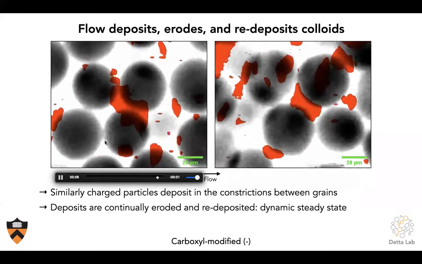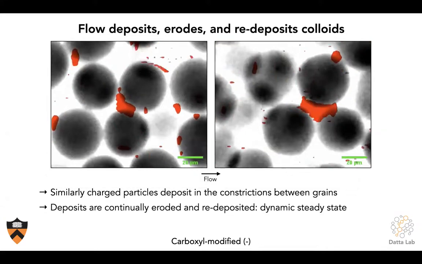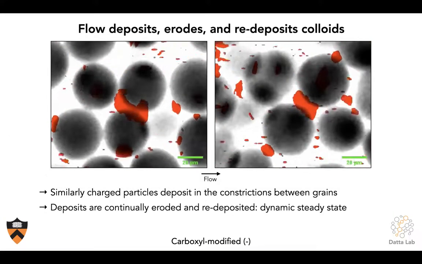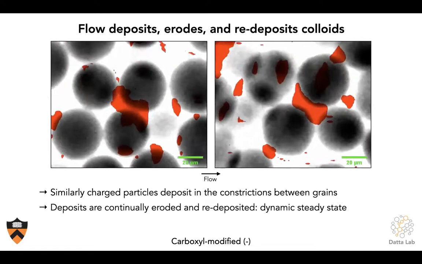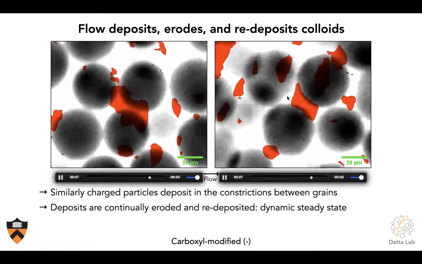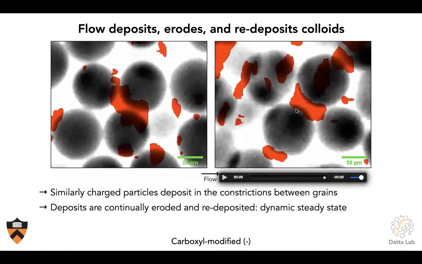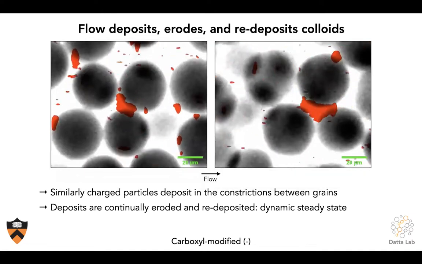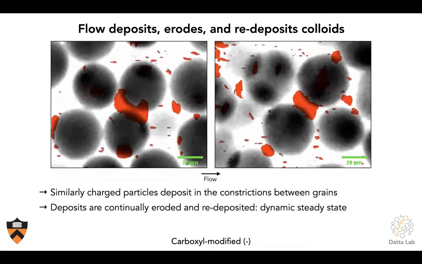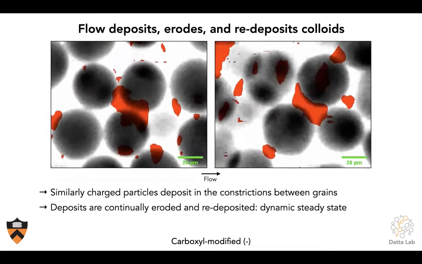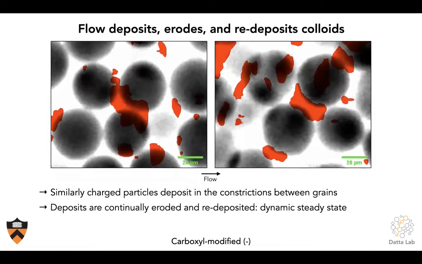Now they're not depositing at the upstream faces, but they're depositing at these tight pore constrictions where they're getting strained. But still, the flow of the solvent around these deposits can cause them to deform and rearrange and get pushed through the medium and redeposited downstream. And that's why they can migrate throughout this entire porous medium.